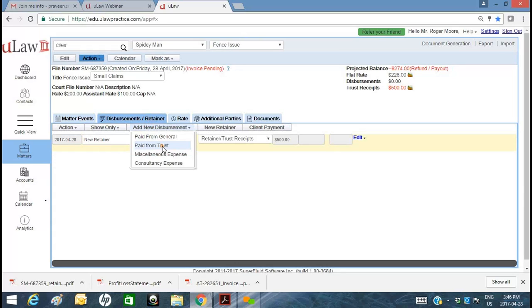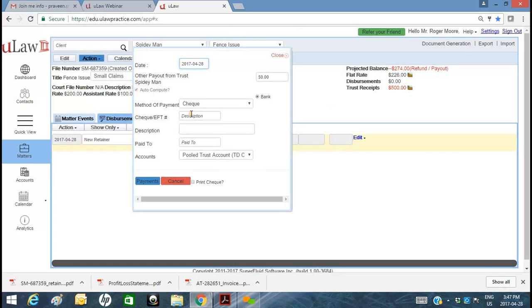So let's say this particular disbursement, you're going to take money right off your trust, and there's about $500 total left in trust because you've not raised an invoice. Then you go ahead and say paid from trust, and I'm going to say this is for $80, and I'm making up the date, because these are the particulars of any expense disbursement, right?